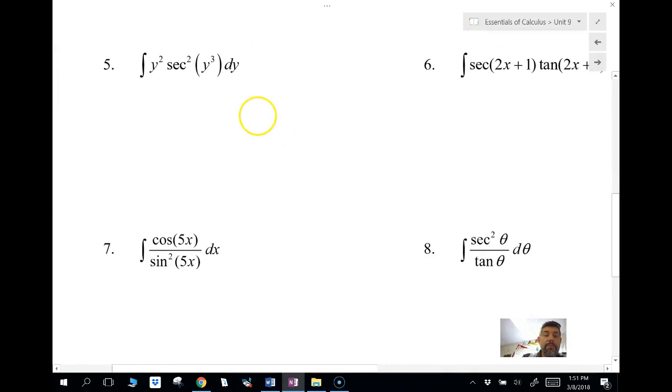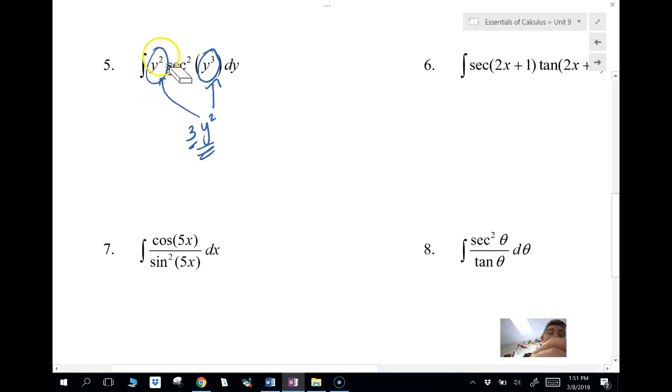Let's try another one here. All right, now we've got all kinds of stuff. Anytime we see a trig function and we have something inside that trig function, we're going to look at that inside and see, if I took the derivative of that, is that something that I have outside? It is: y squared.